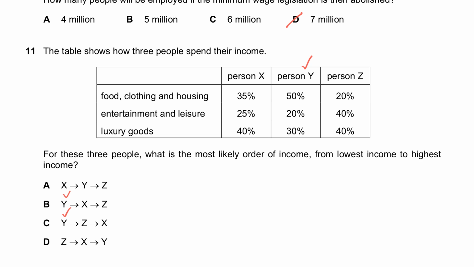Now, then we need to look at what is happening with luxury goods. If we look at person Z and person X, they have a similar percentage of income spent on luxury goods.